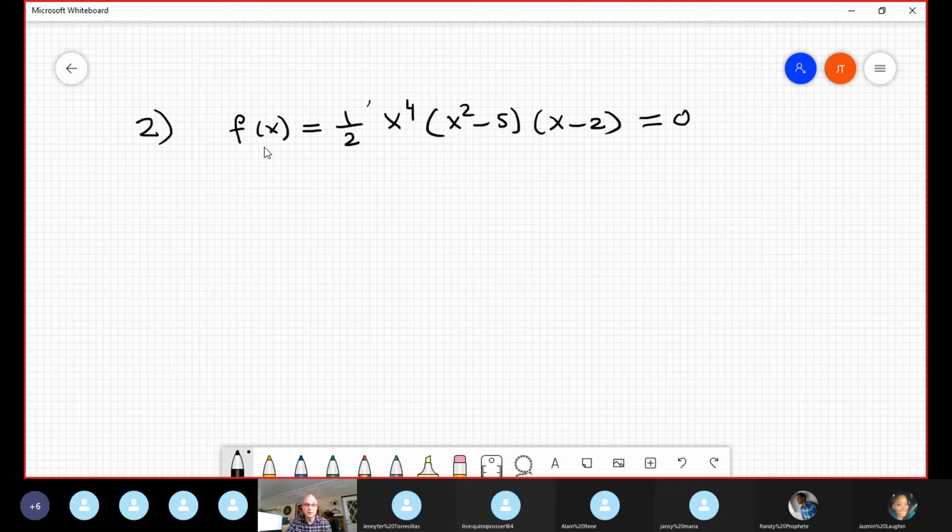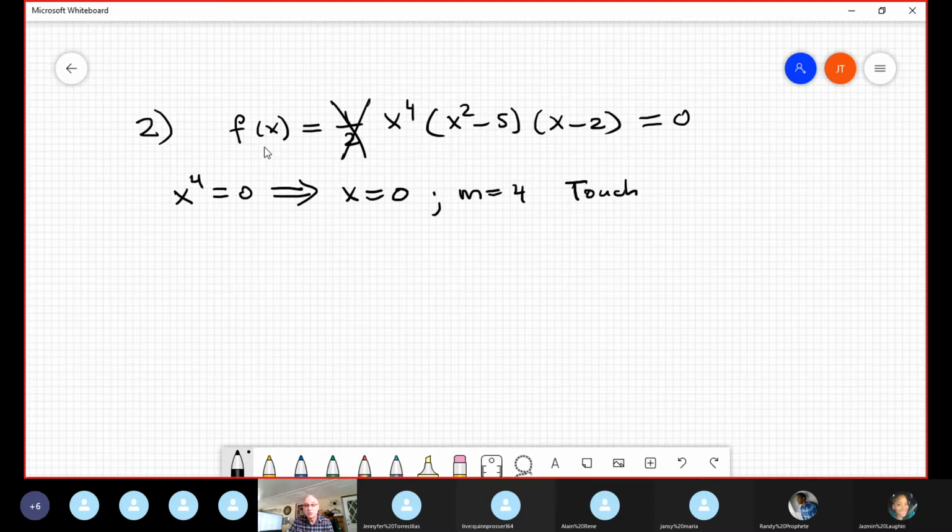You ignore temporarily this 1/2. And therefore, x to the 4th power is equal to 0. That means x equals 0 multiplicity 4 again. And now the graph touch on x-axis.